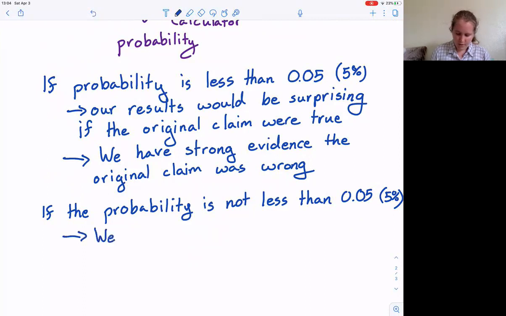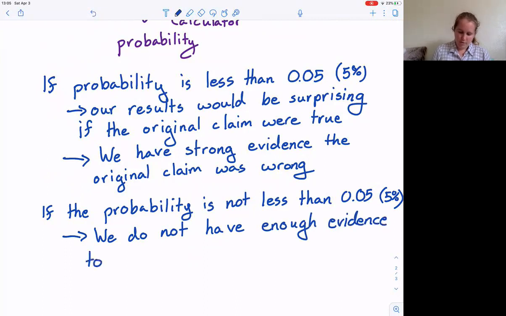So then we do not have enough evidence to say the original claim was wrong.